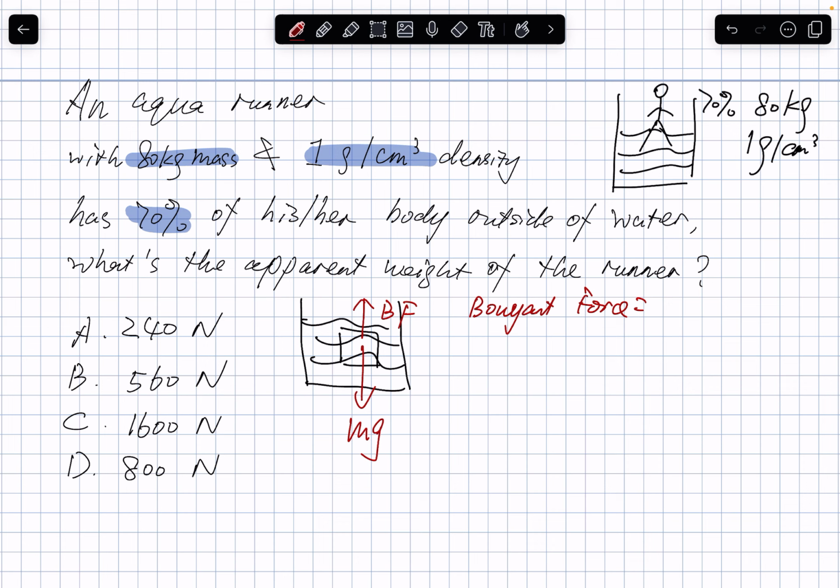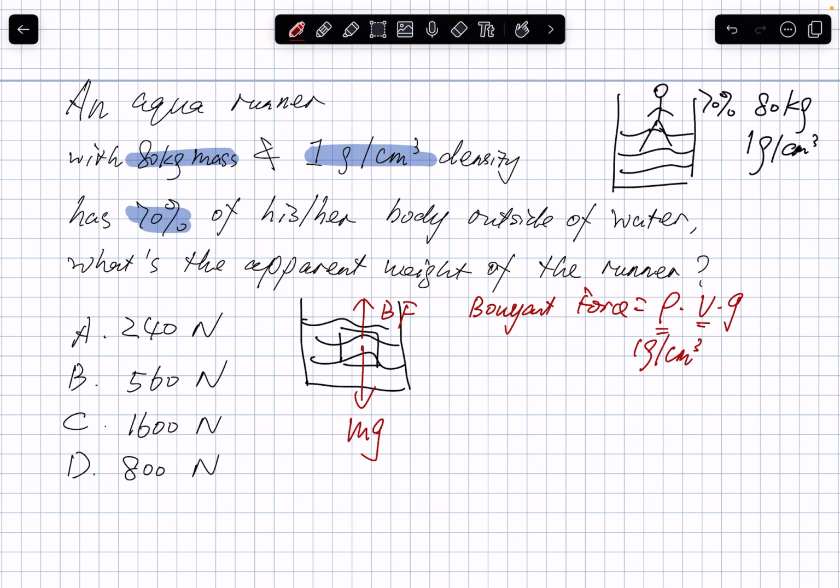If you have watched the other fluid video, the equation is rho times V times g, right? And this rho is the density of the fluid. If it was water, then the density would be what? 1 gram per centimeter cubed. That's the density of water, if the fluid was water. And the V is really how much of the water has been displaced due to the submersion of the object, right?